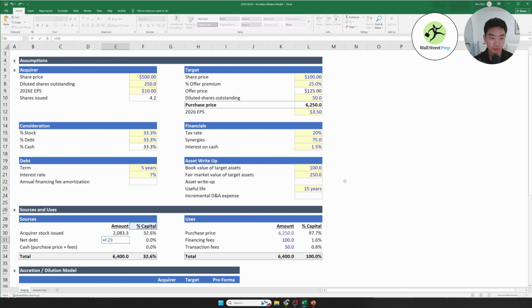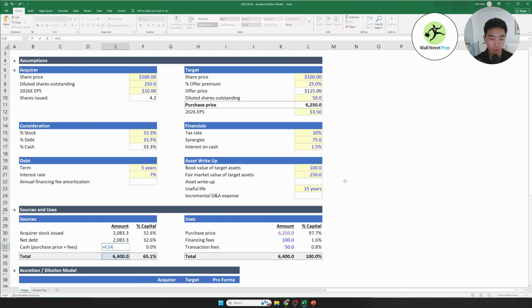And then for debt, we're going to do debt times our purchase price here. Again, 2.08. And then the cash we're going to use as our plug. So our sources always must equal our uses. So you can see here our total sources is equal to our total uses. And then the cash here, we're going to use as a plug.